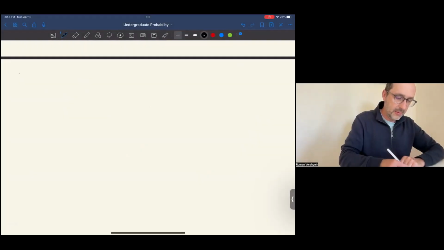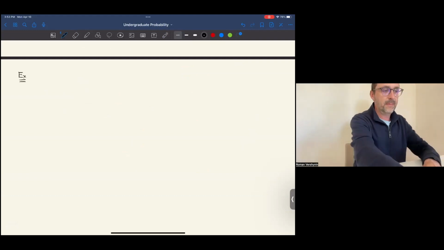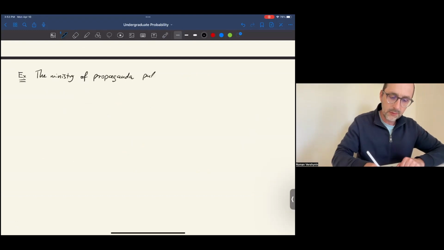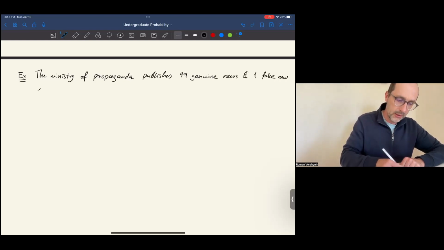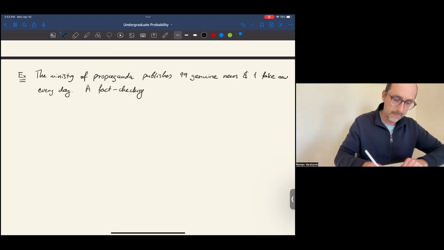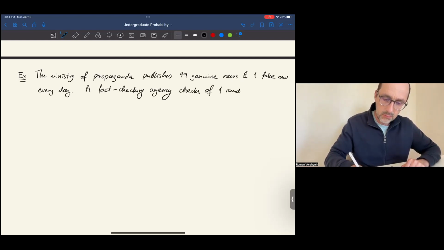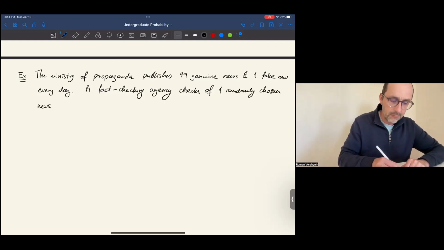So now let's solve this exercise. Suppose the Ministry of Propaganda publishes 99 genuine, true news and 1 fake news every day. An independent fact-checking agency checks the authenticity of 1 randomly chosen news story every day.